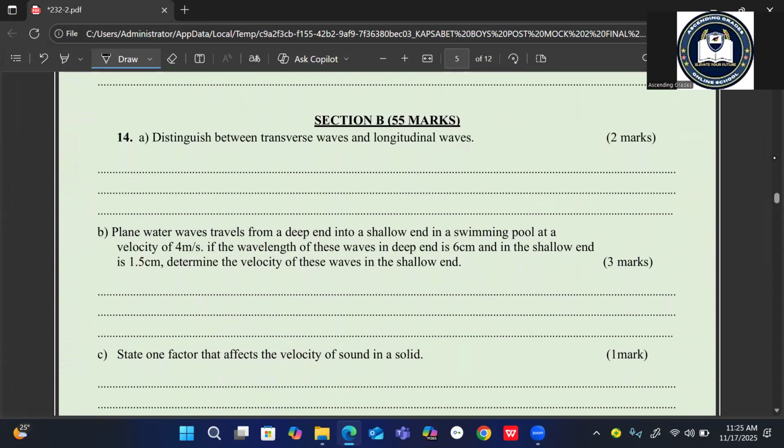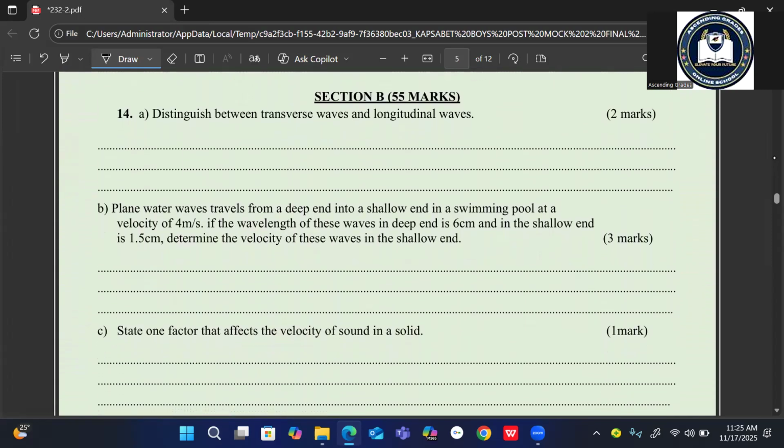Now we are moving to section B. Distinguish between transverse waves and longitudinal waves. This is by definition.